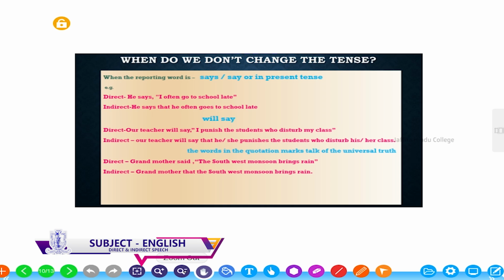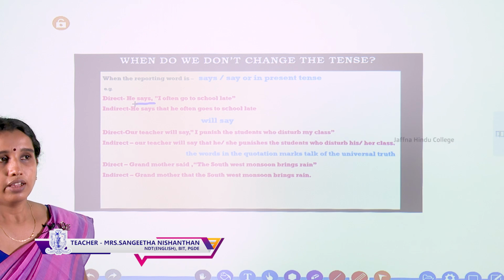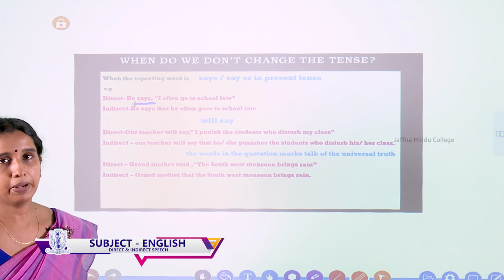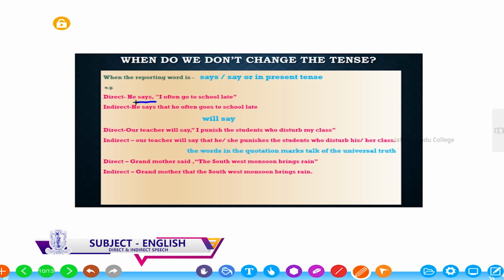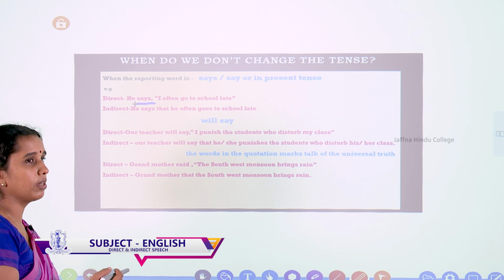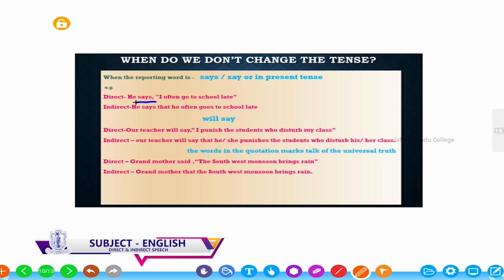Look here, if the reporting verb is says or say or tells or tell, that means that the speaker often repeats that. So, we can conclude that the statement in the quotation marks is true all the time. So, we don't change the main verb in the reported speech.